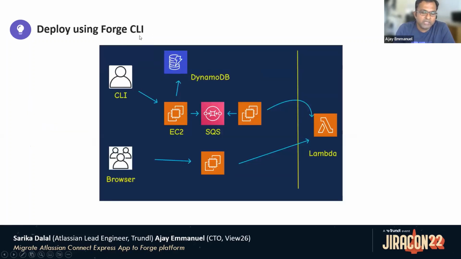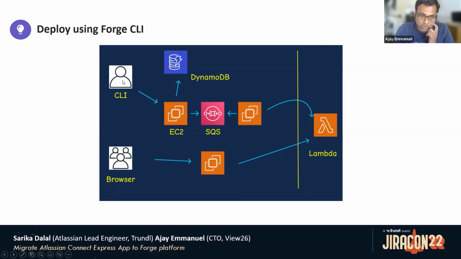Now we'll also have a look at the Forge CLI, and this diagram gives a very clear picture of what happens internally when you invoke the Forge CLI. So the Forge CLI has 2 aspects. One is the deployment aspect, and the second is the invocation aspect.